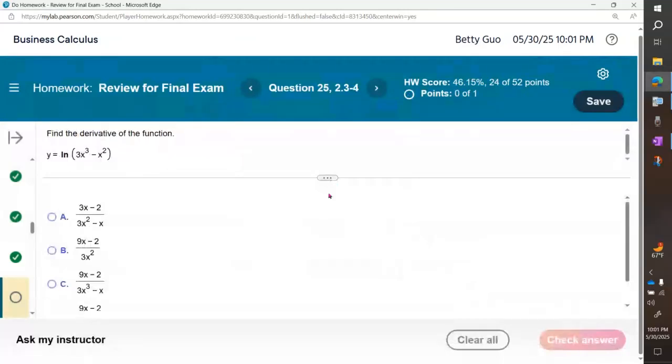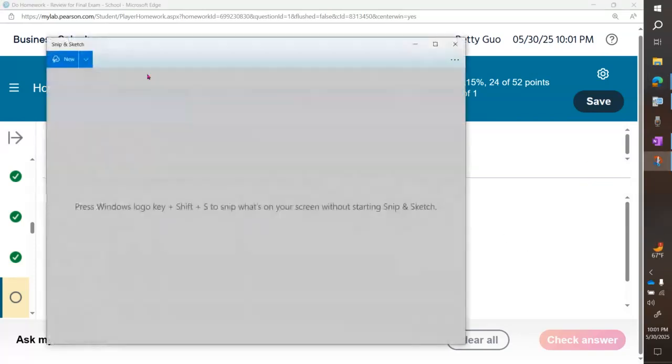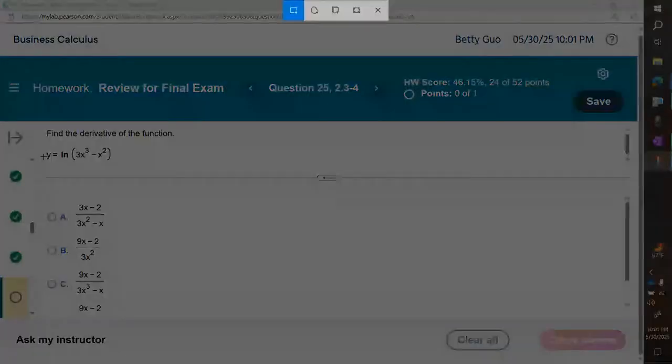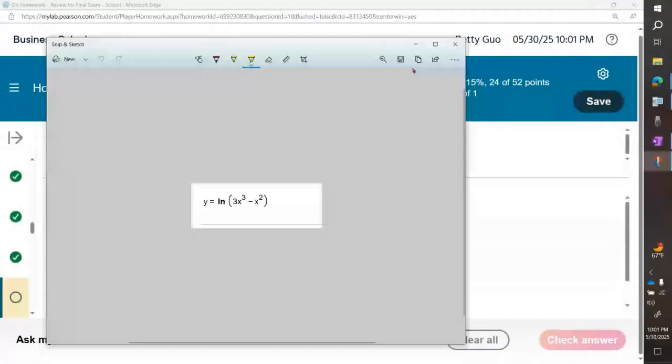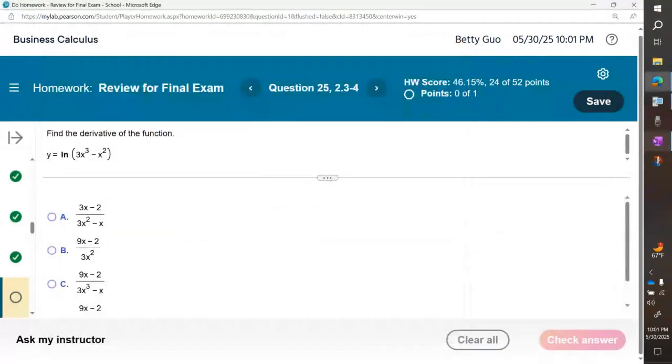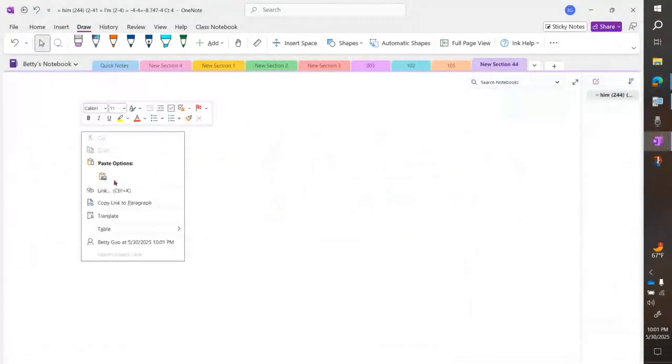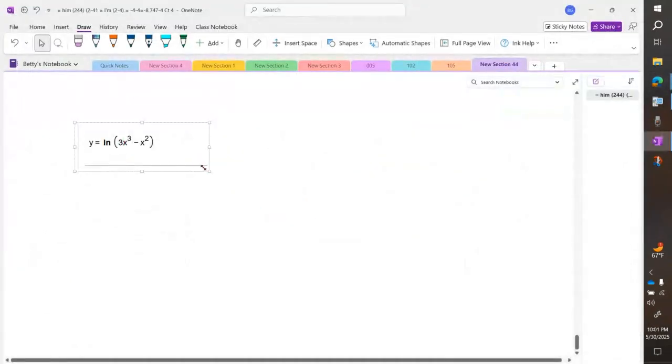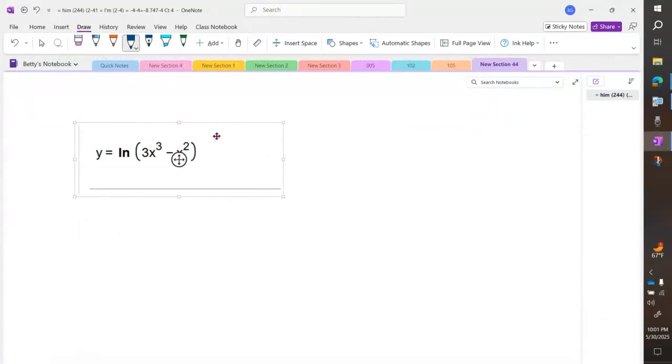Question number 25. Find the derivative of the function. Okay. Natural logarithm function. We're going to use the chain rule again. Outside function, y equals ln u.